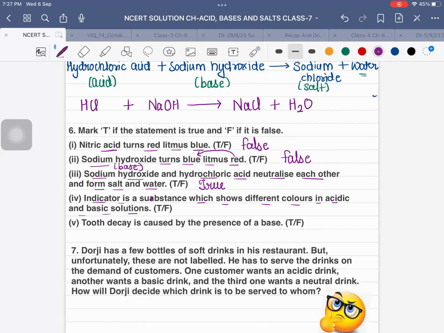This statement is true, as we use indicators to check whether the substance is acidic, basic or neutral by showing different colors. Next, tooth decay is caused by the presence of a base. Tooth decay is caused by the presence of acid, not base. So this statement is false.